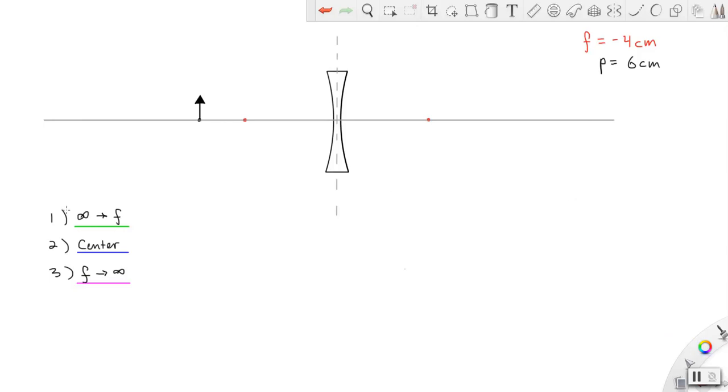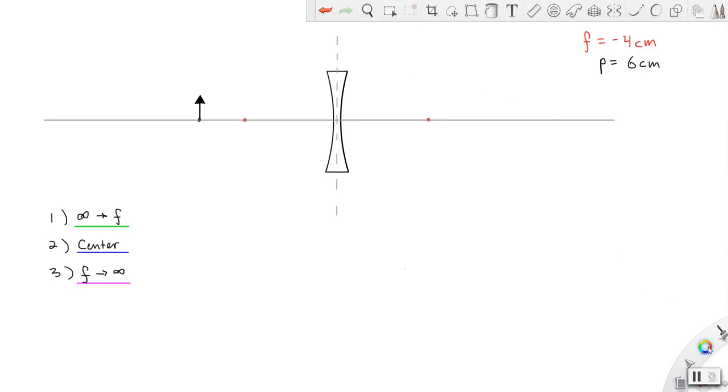Now I've written down here, remember our three principal rays: the parallel to focal, center ray, and the focal to parallel. And you have to think very carefully through each one of these. Now, don't get tripped up by the way that this lens operates differently than the other lens. Just remember, when you get a lens like this, that its entire job is to get rays to spread out, not to get them to focus.